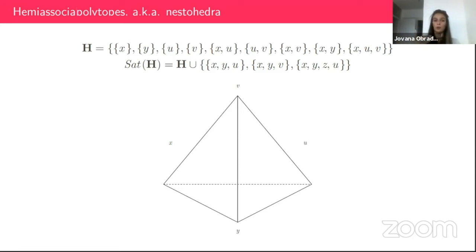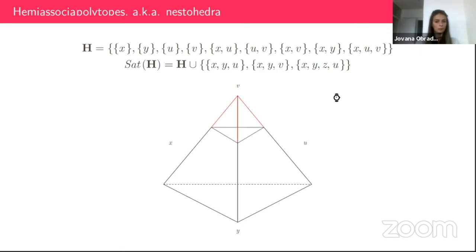And then the instruction for truncation is read from the saturation of my hypergraph, namely each hyperedge of the saturation of cardinality 2 and 3. Each of them will correspond to one truncation in the following way. For example, this one, XUV, tells me to truncate the face of the simplex defined as the intersection of facets X, U, and V. And of course, this is the top vertex here.